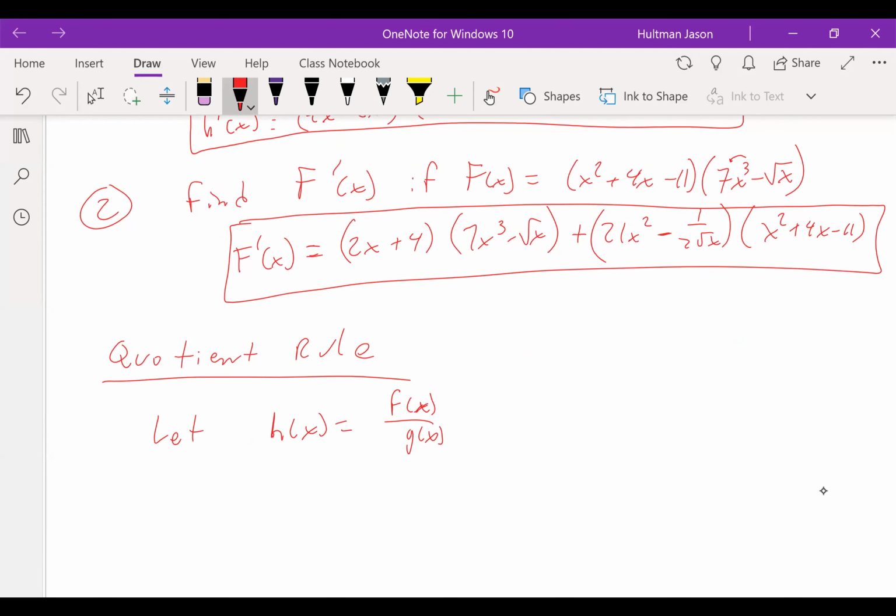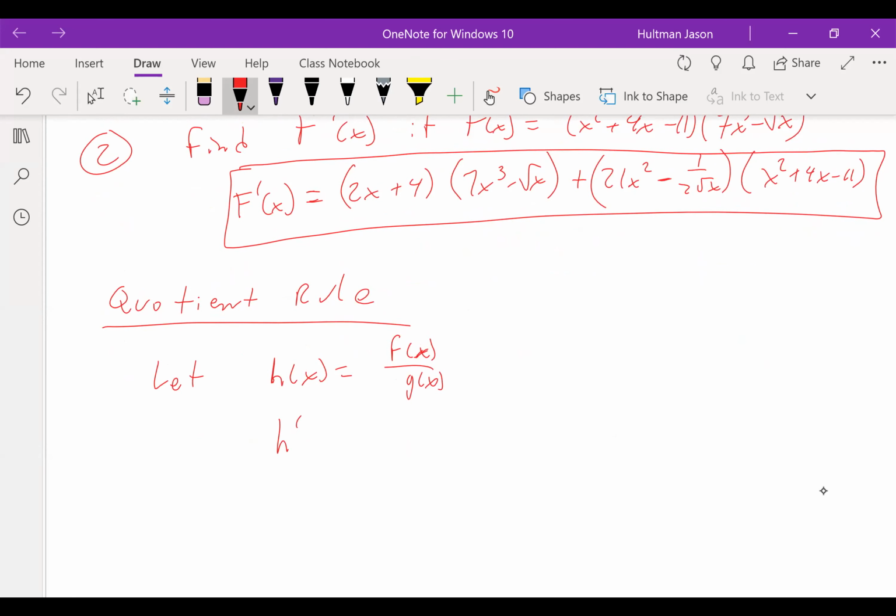So how do I find h prime of x? H prime of x is now going to be the derivative of the top times the bottom minus the derivative of the bottom times the top.